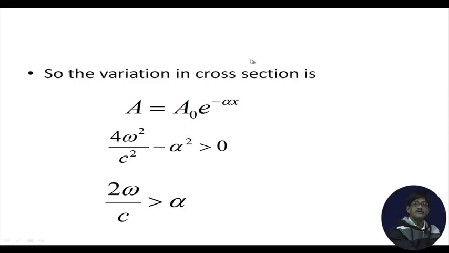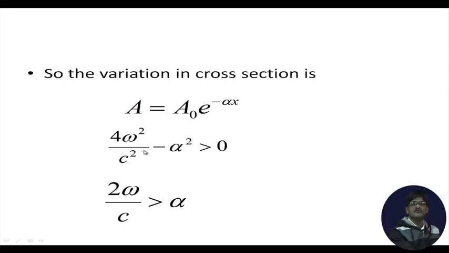So the variation in cross section is this one, and we have previously seen, if you remember, this would have vibrational motion, that means cyclic motion, that means sinusoidal motion, only if this term is greater than 0. This was in the discriminant.